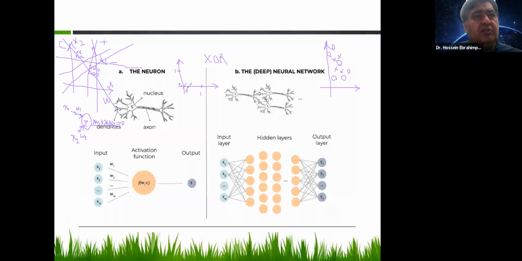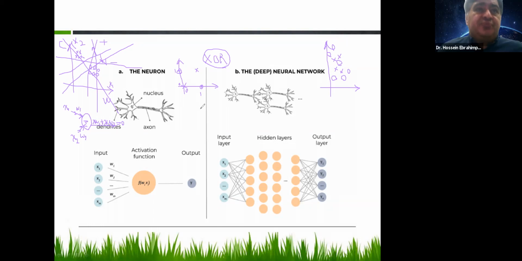When both are 1, it is 0. But when one of them is 0 and the other one is 1, it is 1. This system is not linearly separable, so a neuron cannot solve this problem. XOR is one of the simplest gates in logic gates. So when your neuron cannot solve this, this system is useless.